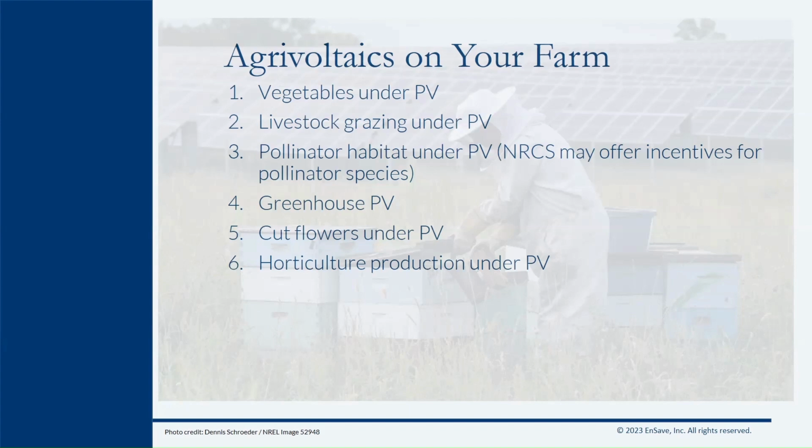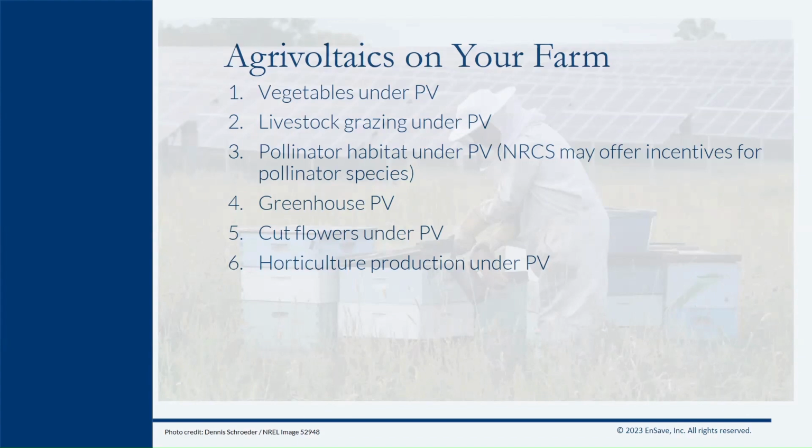Cut flowers under PV, again, a lot of cut flowers benefit from the additional shade, and of course, with the shading comes the added benefit of greater soil moisture retention. So a lot of cut flowers would benefit from that, and then also horticultural production. There are a lot of plants in horticulture that do not prefer full sun.